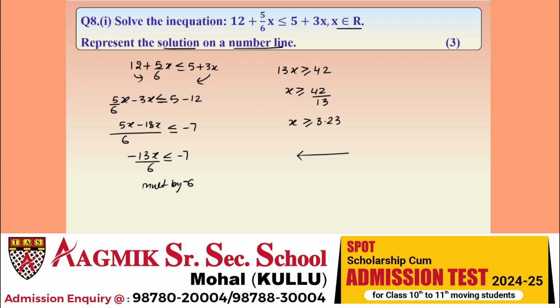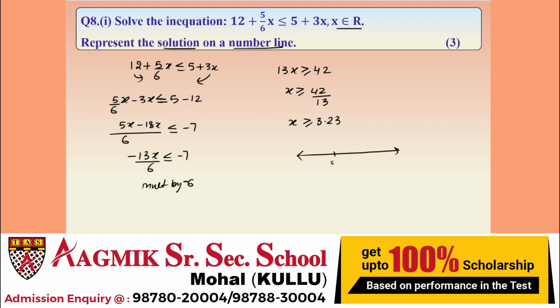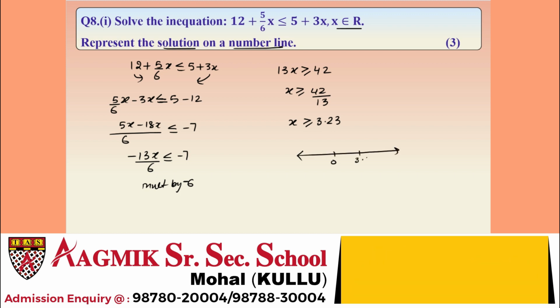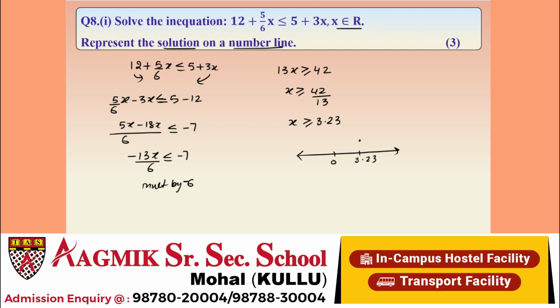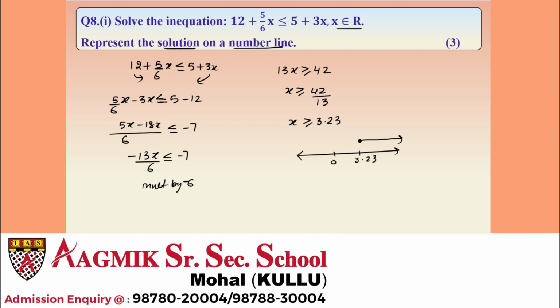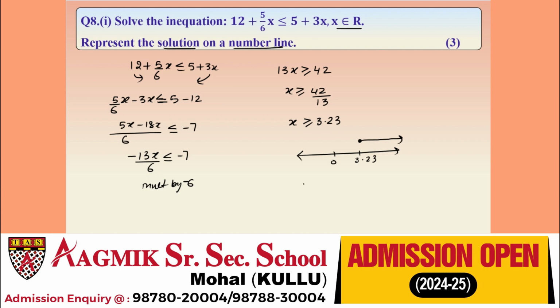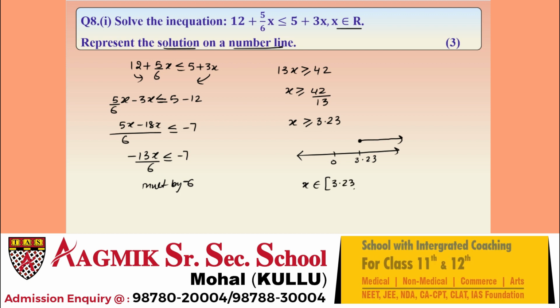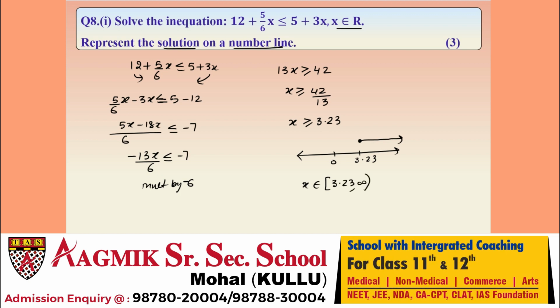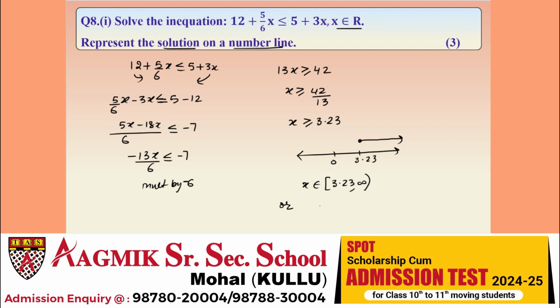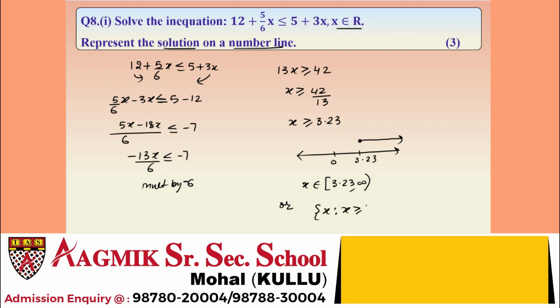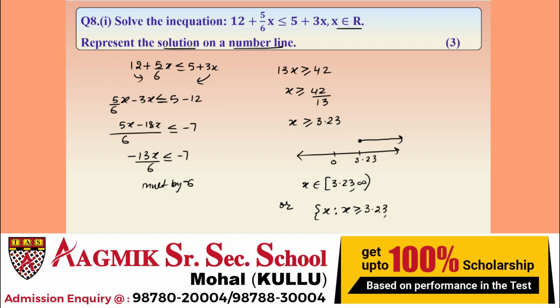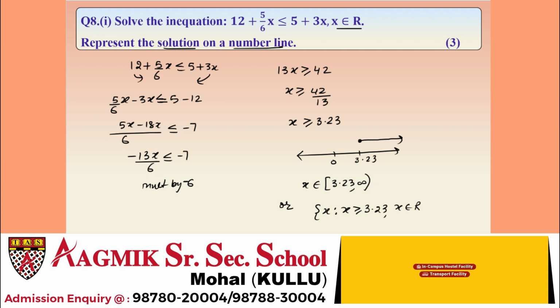On the number line, if you have this as 0, somewhere here you will have 3.23. So either x is equal to this or greater than this. In interval form, x belongs to the closed interval 3.23 up to infinity. Or the solution set is x such that x is greater than or equal to 3.23, where x is any real number.